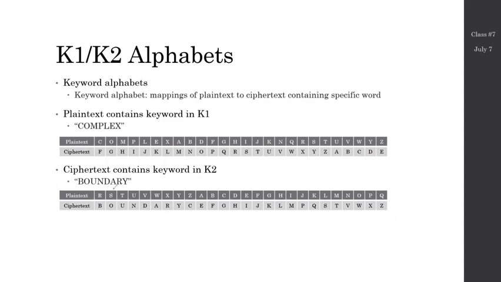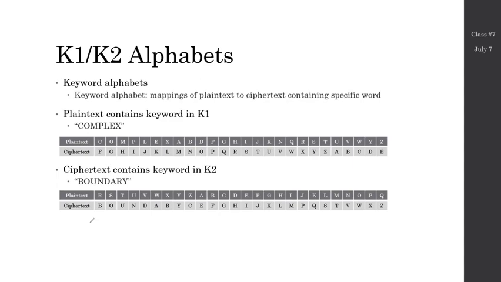Similarly, the K2 alphabet is like K1, but instead of the plaintext having the keyword, the ciphertext contains the keyword when the plaintext is written alphabetically. Once again, you don't want to start the plaintext on A when you're writing it alphabetically, because otherwise you're going to inevitably end up with duplicates.